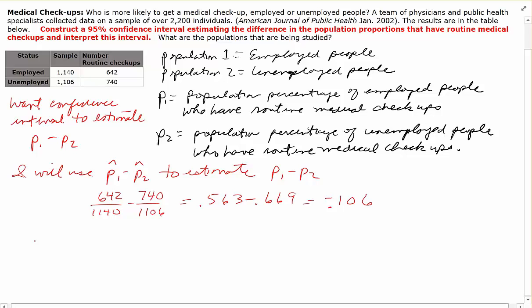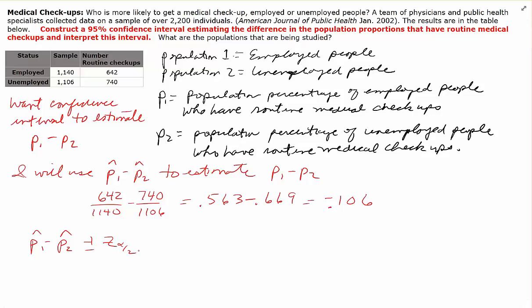My confidence interval is going to be this point estimate of the difference between the population percentages, plus or minus. Remember that with percentages, we're always working with a standard normal distribution and the confidence interval splitting alpha.